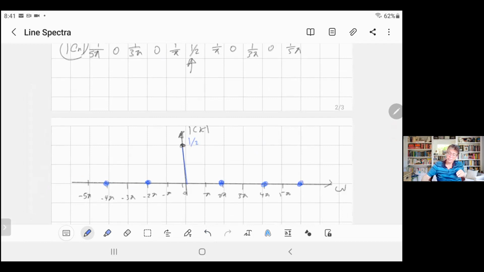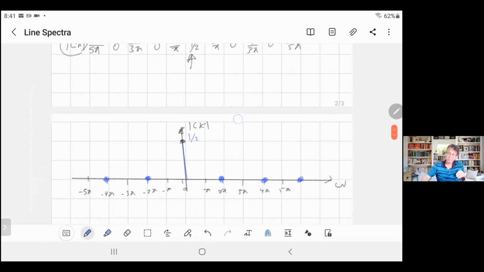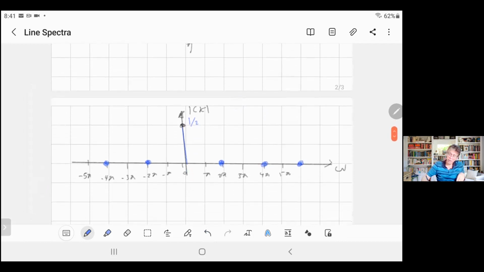Now for the odd ones, 1 over pi. 1 over pi at minus pi. So let's just say this value. Make a line to that height. And at 3 pi it will be 1 over 3 pi.